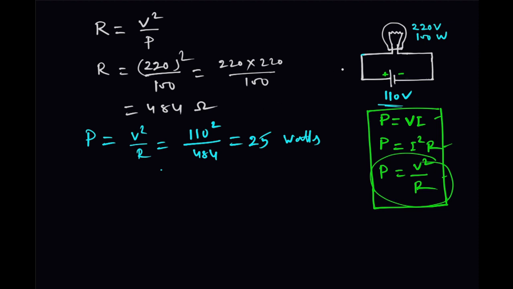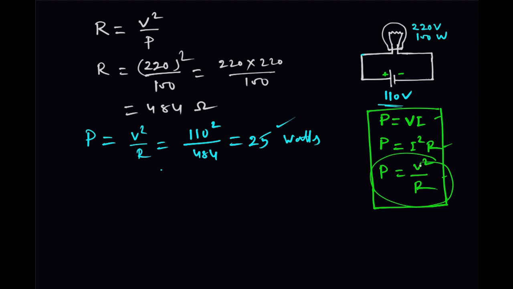We are getting 25 watts. So when the voltage applied is 220 volt, the power that we are getting is 100 watt. When the voltage is reduced to 110 volt, we are getting 25 watt. You can see that when the voltage is reduced by half, the power is not reduced by half, rather it is reduced to 1/4.